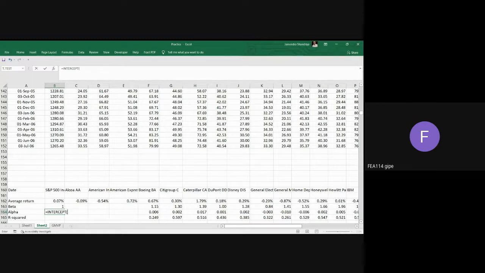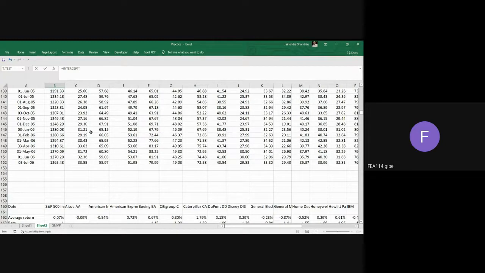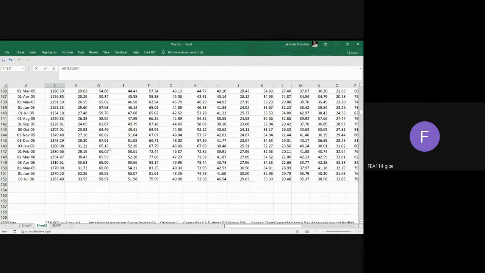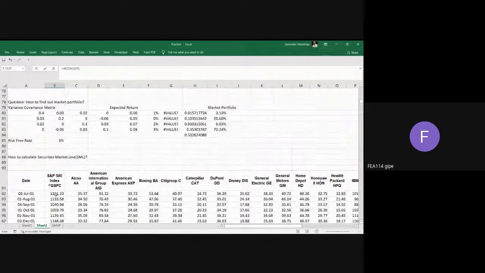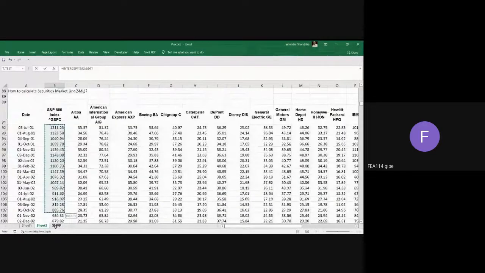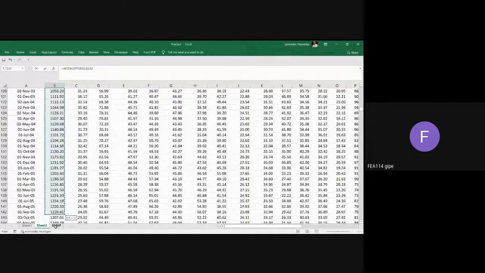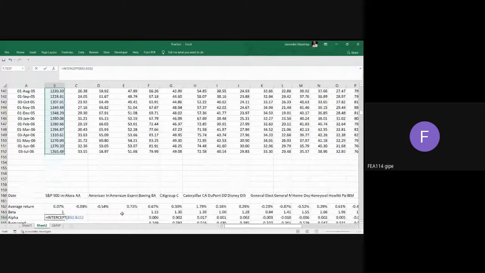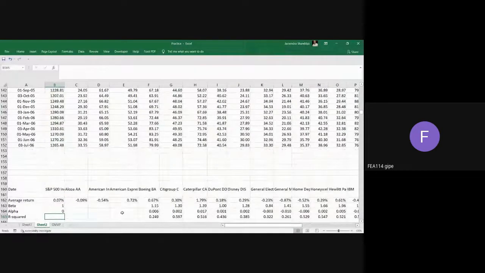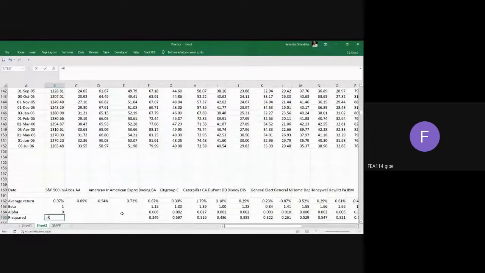Again, the intercept, and finally R square.